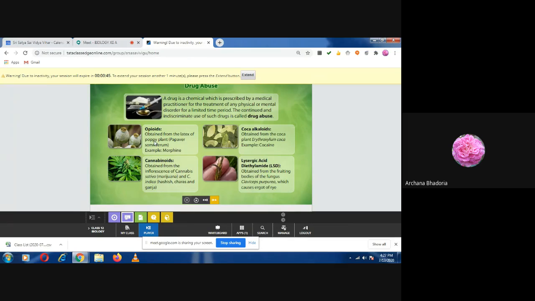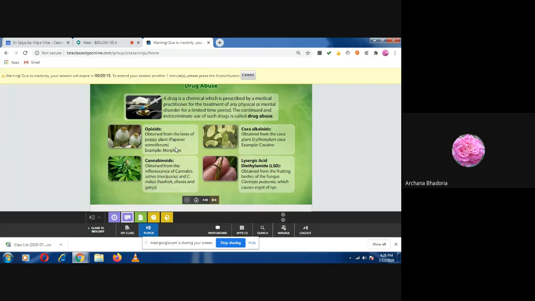You have to understand what are opioids. The opioids are the drugs which are obtained from the poppy plant, Papaver somniferum. So write down the opioid group name and the name of the plant. What is the scientific name of the plant from which the opioids are extracted or derived?